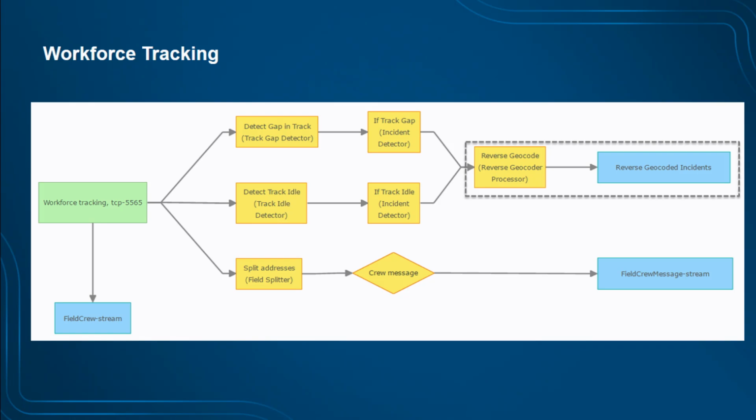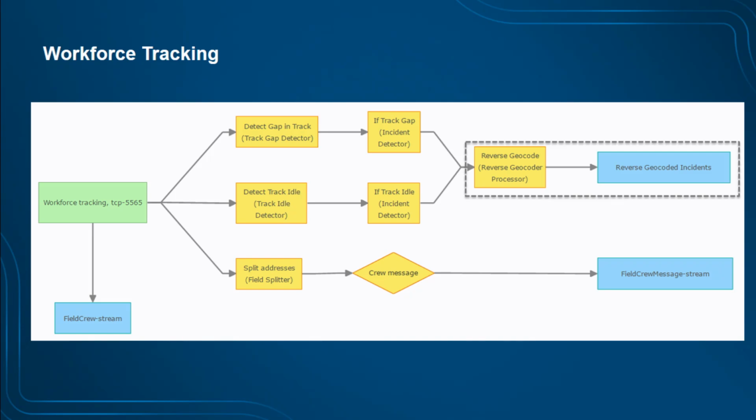In cases of either a track gap or a track idle event, important information for the supervisor is where that occurred. Of course, the sensor is sending its longitude and latitude, but for most of us humans, that's less useful on a case-by-case basis than, say, a street address.